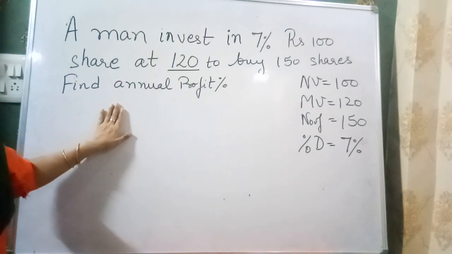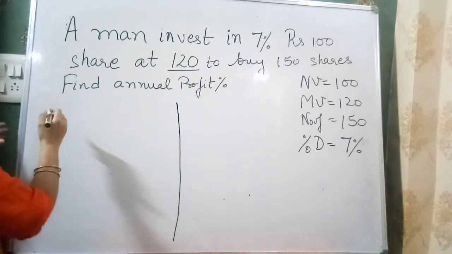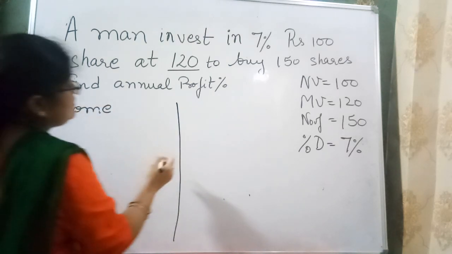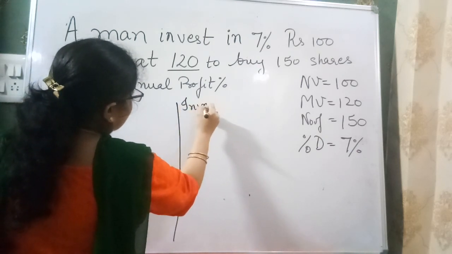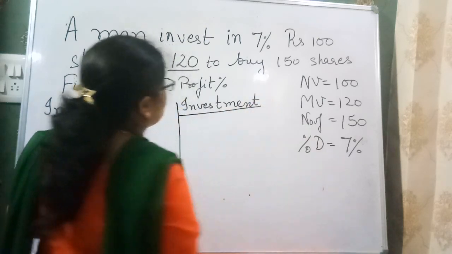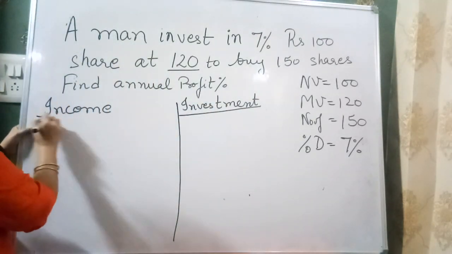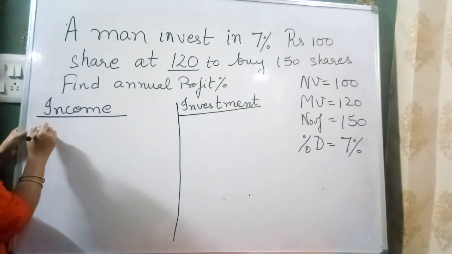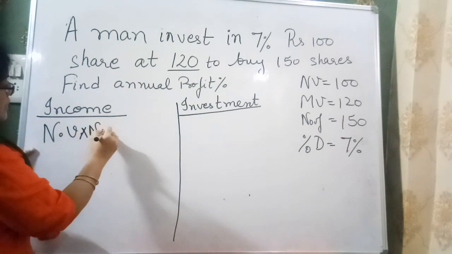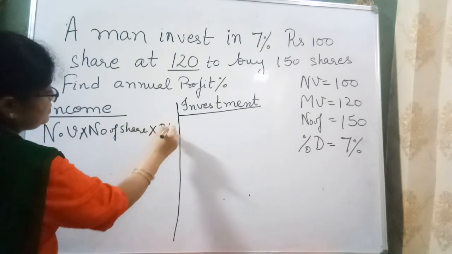In order to find the annual profit percent, divide your question into two parts. In the first part, find the income. In the second part, find the investment, that means the investment done by the shareholder to buy these shares. For income, multiply nominal value into number of shares into dividend percent.